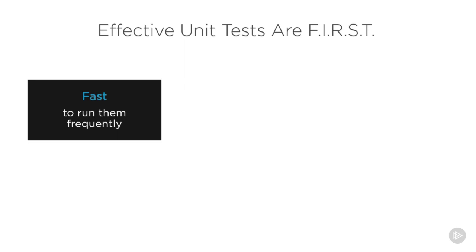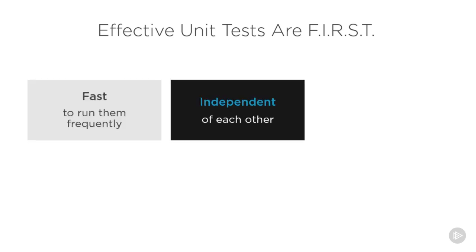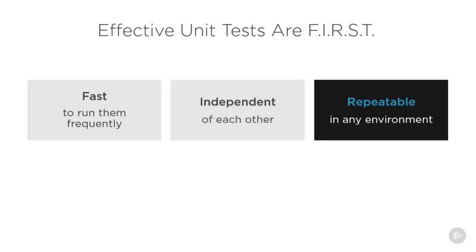The next thing you need to ensure is that your unit tests are independent of each other. You should be able to run your unit tests in parallel or standalone. Also, modifying one test shouldn't affect other tests in your test project. Besides fast and independent, your unit tests should also be repeatable in any environment.